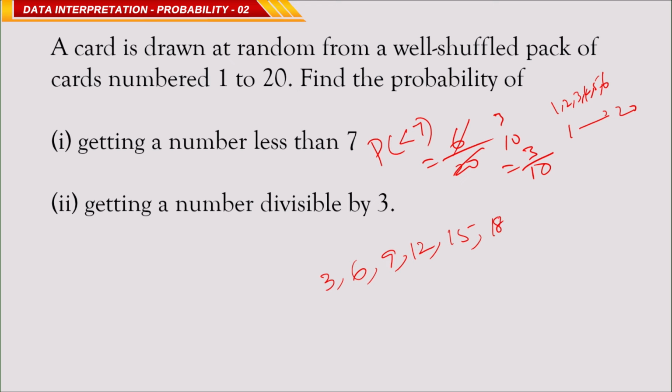So what is the favorable outcomes? 1, 2, 3, 4, 5, 6. So favorable outcomes is 6 and total outcomes is 20, correct? So the probability of getting a number divisible by 3 is 6 by 20, or 2 3s are 6, 2 10s are 20, so 3 by 10 is the answer. Clear? In this manner you can calculate it. This is a very important, very simple concept.